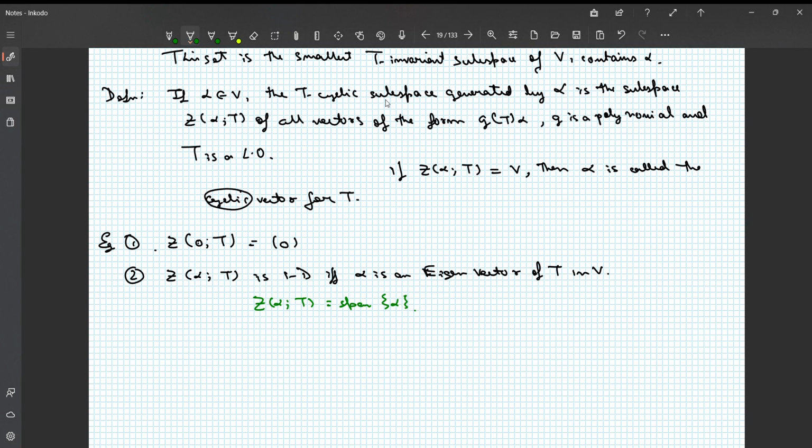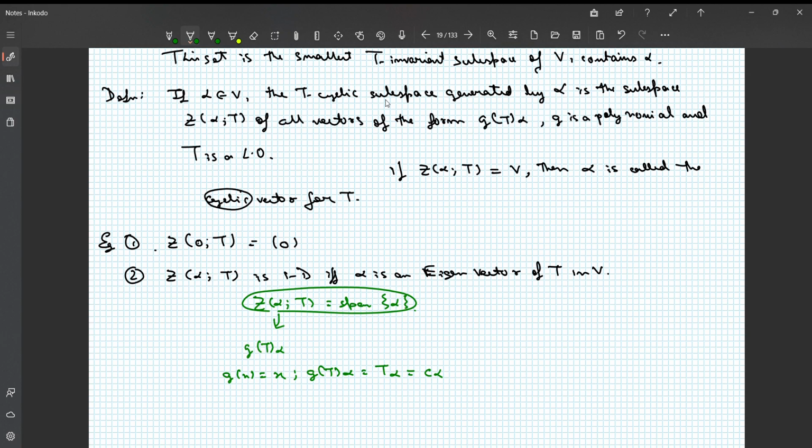In particular, if I choose the polynomial G of X equal to X, then G(T) of alpha is T alpha, and T alpha must be some scalar multiple of alpha.